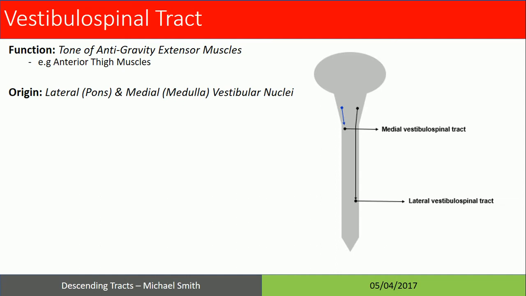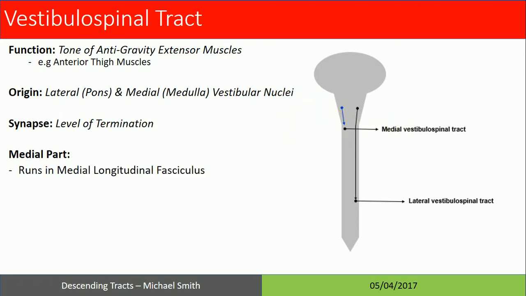And I find that's easier to remember if you remember that the medial one is in the medulla. So these fibers will then travel down in their respective parts of the vestibulospinal tract and then synapse at the level at which they exit, and then they'll leave as their lower motor neurons.